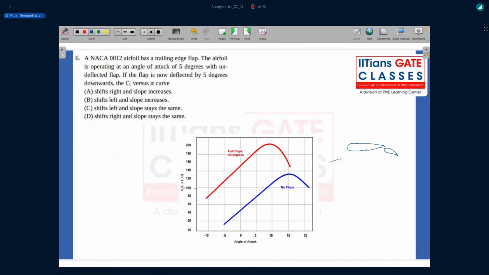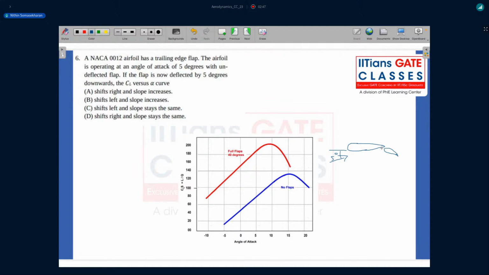So let's say if my angle of attack is 5 degrees, right? And my flap is undeflected, so we are not using the flap yet. And what they're asking is if the flap is now deflected by 5 degrees downwards, the CL versus alpha curve will.